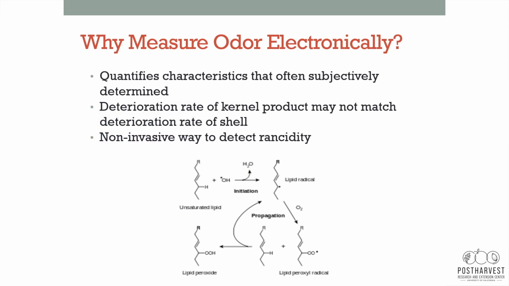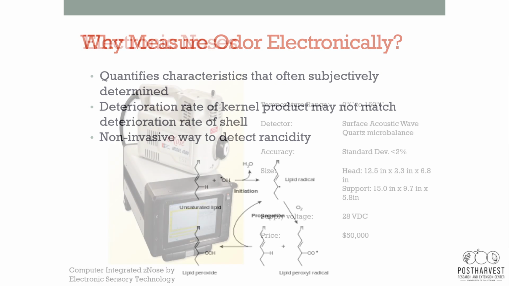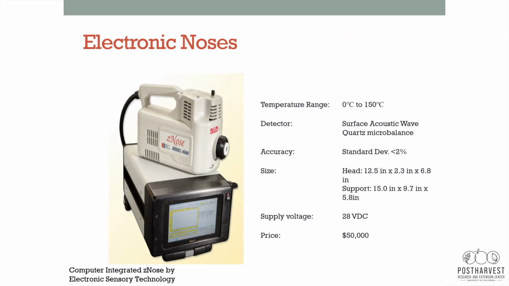Odor, or basically smells or electrical noise, have been suggested as an alternative to look at quality, to look at ripening. The world is the limit really at the end of the day with odor. Some have been successful and some not. For example, this Xenos, I do not believe that it is commercially available anymore.